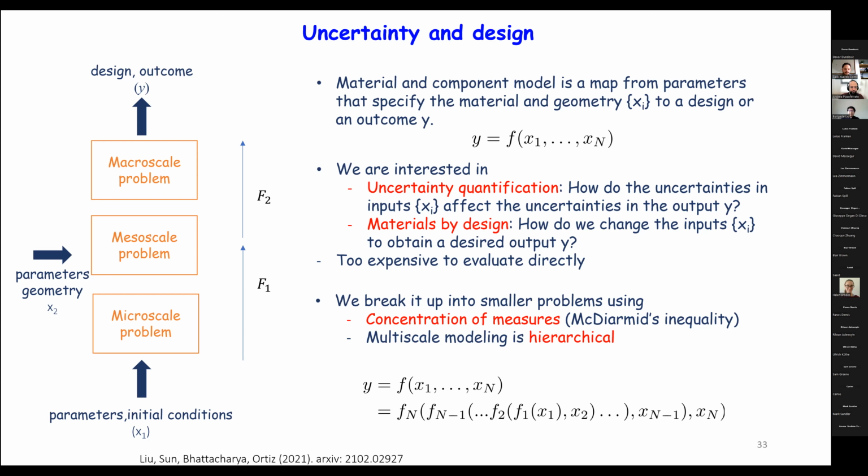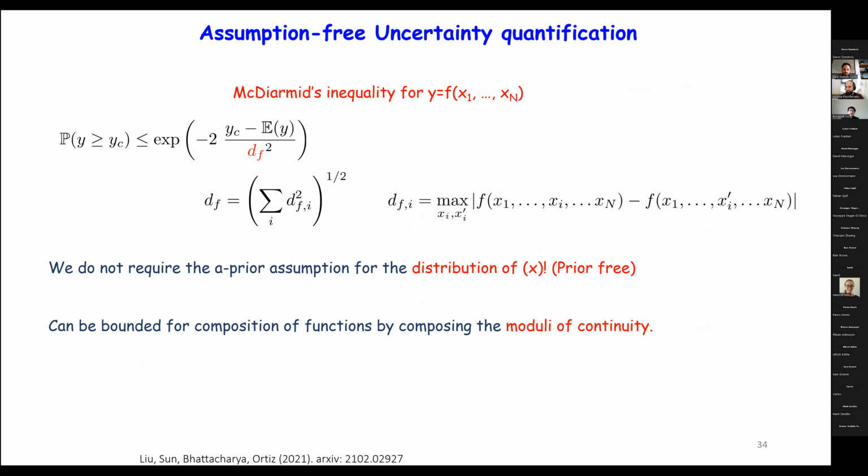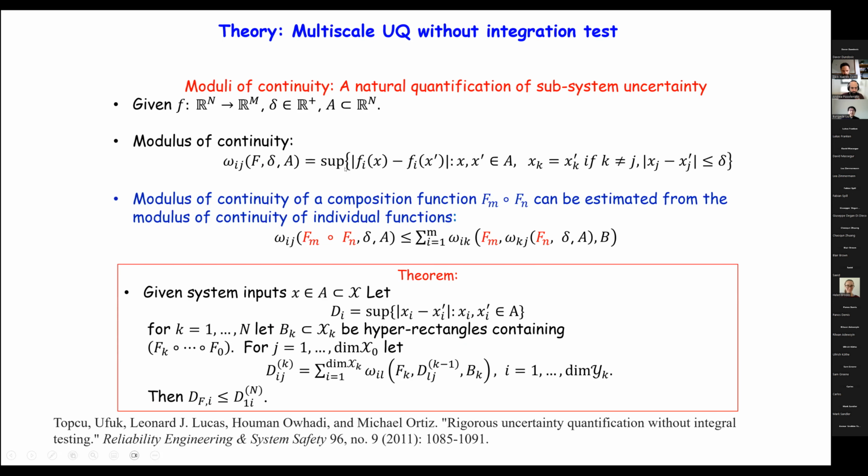The idea behind this is that because of this multi-scale modeling, this nice hierarchical structure, we can use the McDiarmid inequality recursively, so that effectively we can decompose the diameter of the McDiarmid inequality by only looking at subsystem uncertainties. There's a nice theorem that allows us to do this.